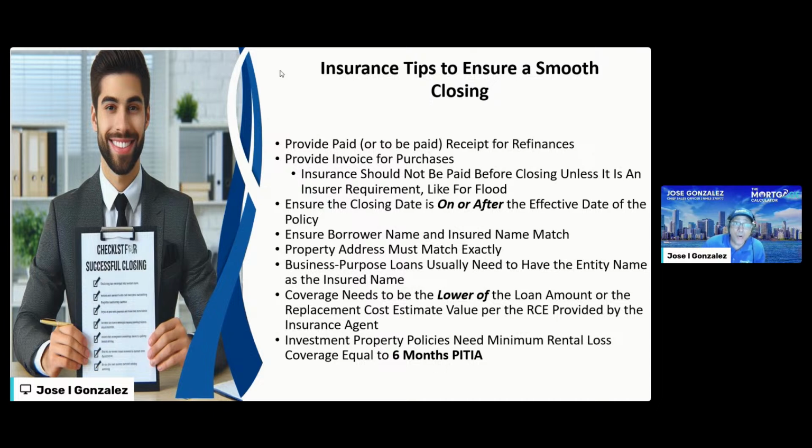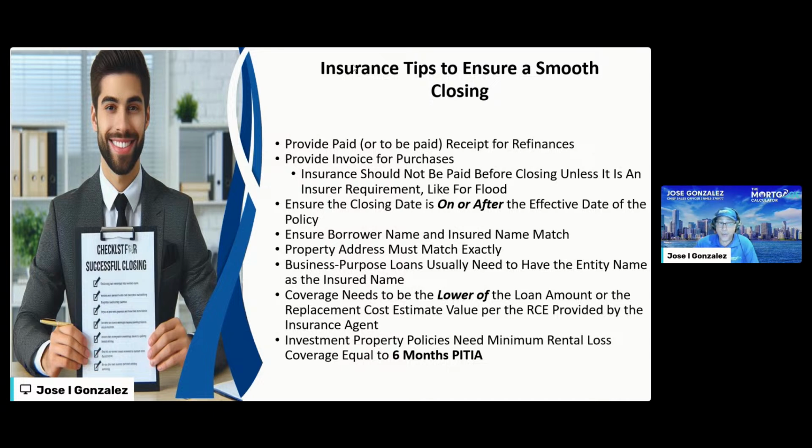Ensure that the borrower name and insured name match, right? In other words, the insured name on the declarations page has to match whoever is the borrower, or else you may have a coverage issue. Definitely, underwriting is not going to accept it.